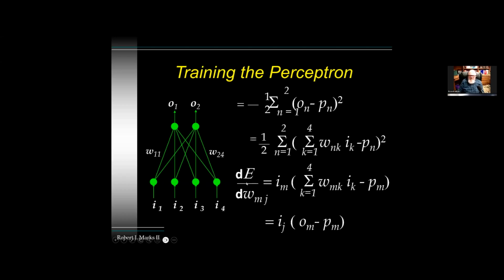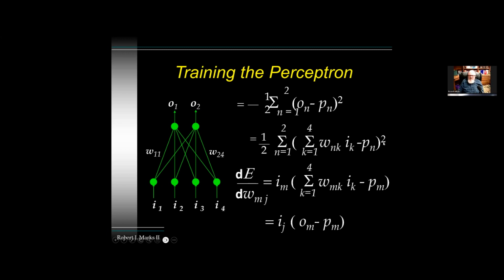Now we'd like to take the derivative of the error with respect to the weights, because we want to find the weights that minimize the output error, and we're going to go downhill. So the derivative of the error with respect to the weights is equal to the equation which you see second from the bottom. And you can apply regular calculus here in order to perform that differentiation. And you can see here again, minor point, why we use the 1/2.